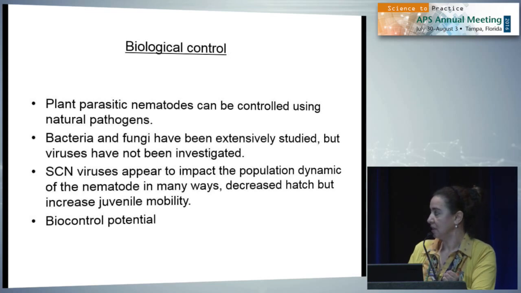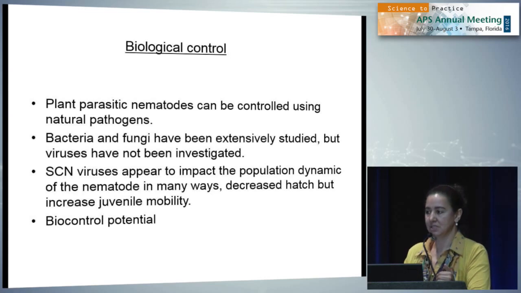Bacteria and fungi have both been used as biocontrol agents, but viruses have never been investigated, and we were interested. Throughout our study, it seems that some of those viruses may be used as biocontrol agents. Of course, we're at a very, very initial stage to know, but from our evidence, some of those viruses at least seem to have that potential.